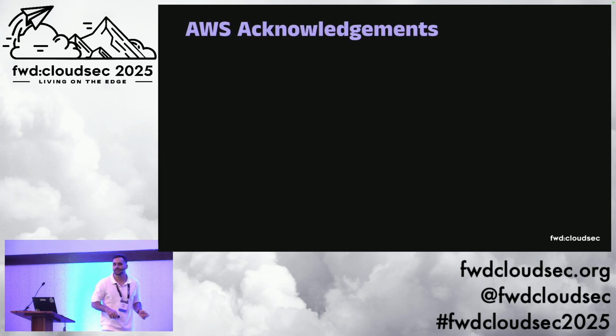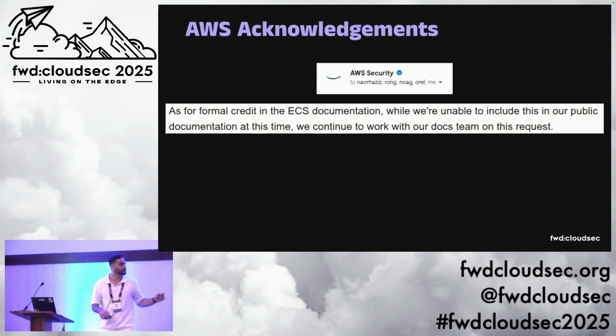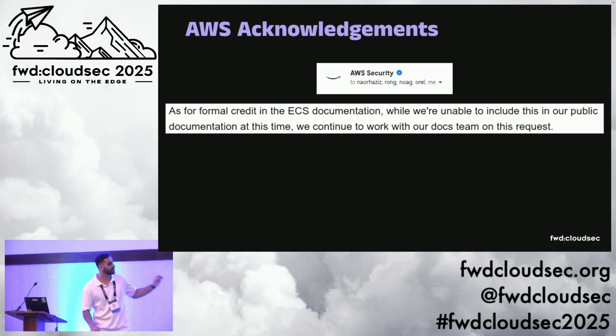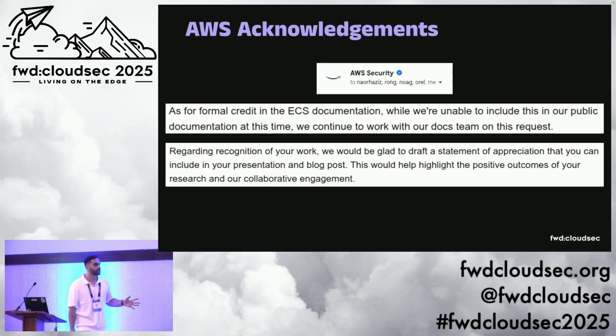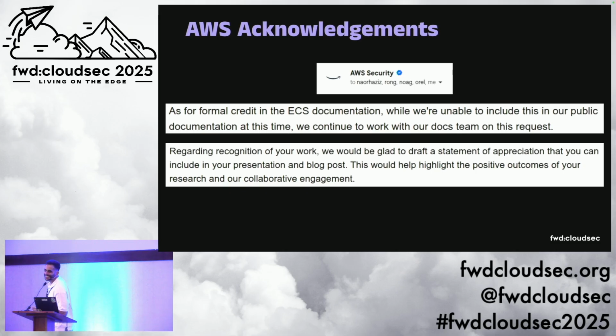About the acknowledgement, I was talking with AWS, and again, they said that they are going to change the documentation and give me a public recognition about it in their documentation changelog. Also, they say that they are going to draft a statement of appreciation for me, which is nice. I got the appreciation that I needed.